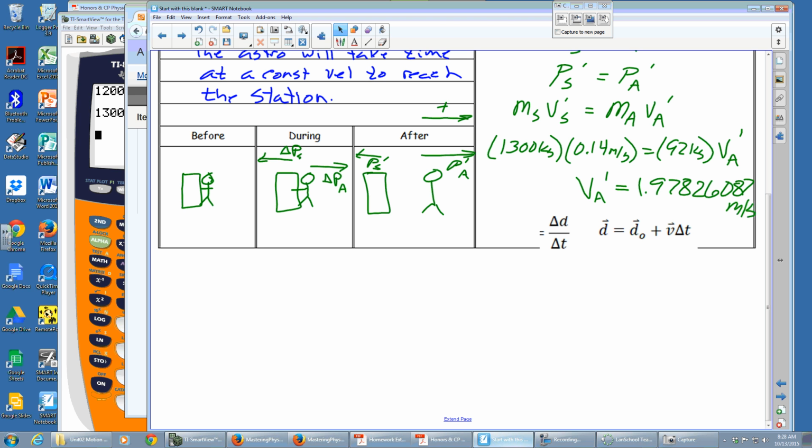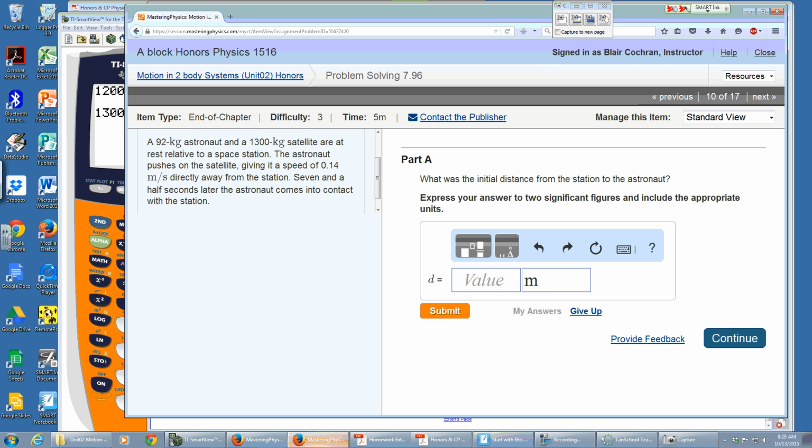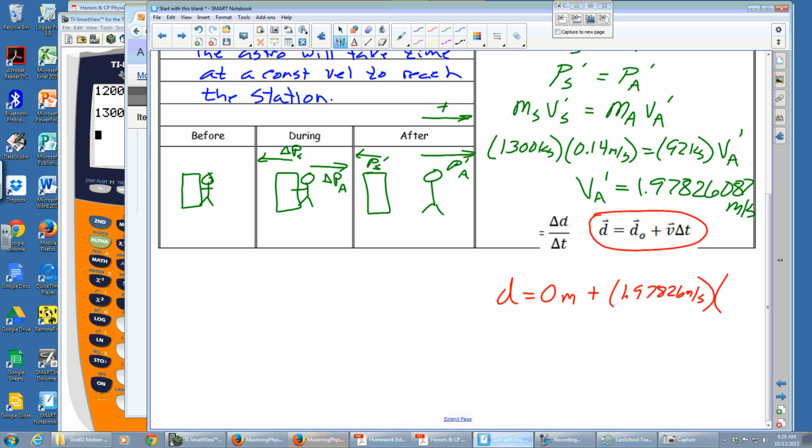All right, now I'm going to use this because they move some distance. So I know how far they moved. I'm going to call where they started 0. So they started 0 meters. They moved at 1.9786 meters per second. And they moved for a time of 7.5 seconds.